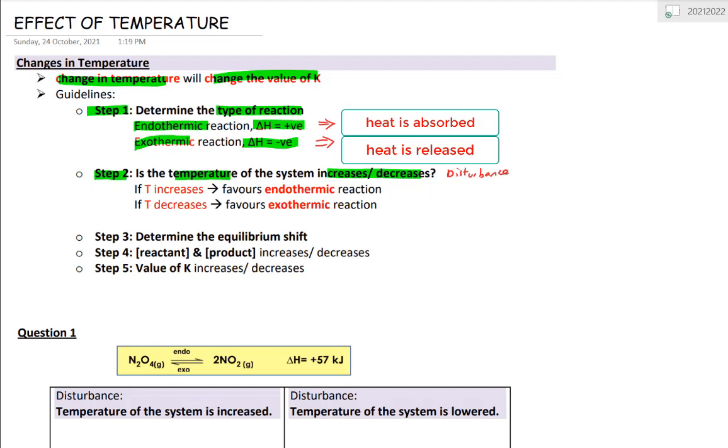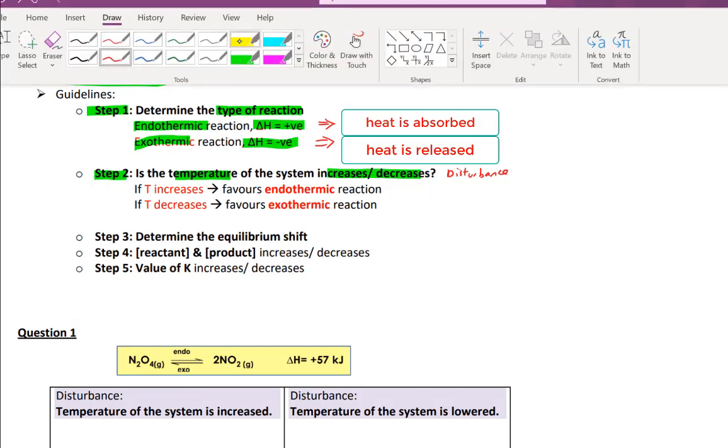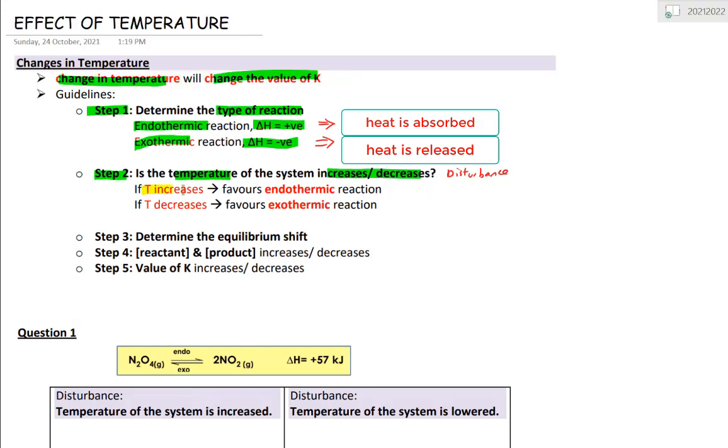That means it's an external adjustment. If I increase the temperature of the overall system, what happens to the reaction? If I decrease the temperature, then what happens? So there are two scenarios. First, if the temperature increases, the system or the reaction will favor the endothermic reaction.